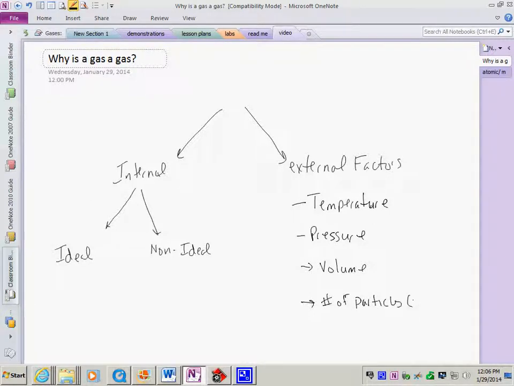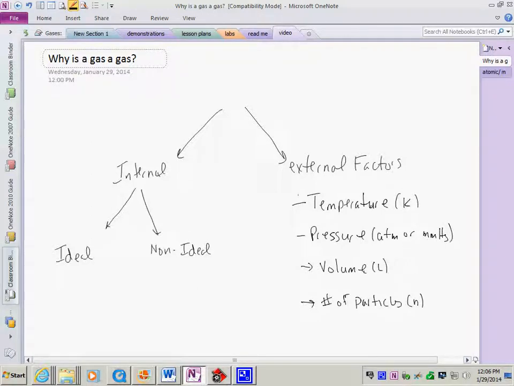Usually this would be listed as n, which would be the moles of gas. So if you blow more air into a balloon, it gets bigger. Volume can be any number of units, which is going to be L for liters usually. Pressure can be either in atmospheres or millimeters of Hg, and temperature generally is going to be in Kelvin.